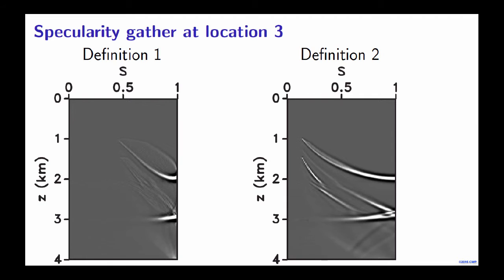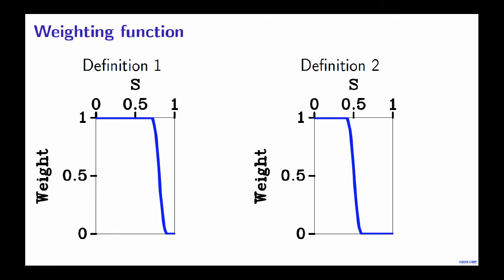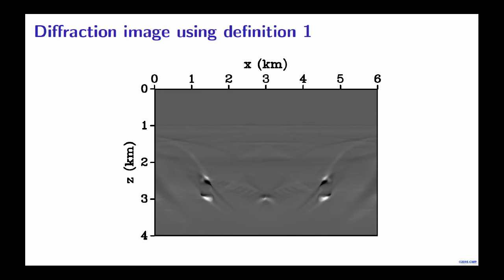But still, by choosing an appropriate weight function to remove the specular energy present at higher values, we can construct a diffraction image. And these are the weight functions that I chose for this particular example. After the application of these weights, we stack over the specularity value and get this image that just contains scatterers.